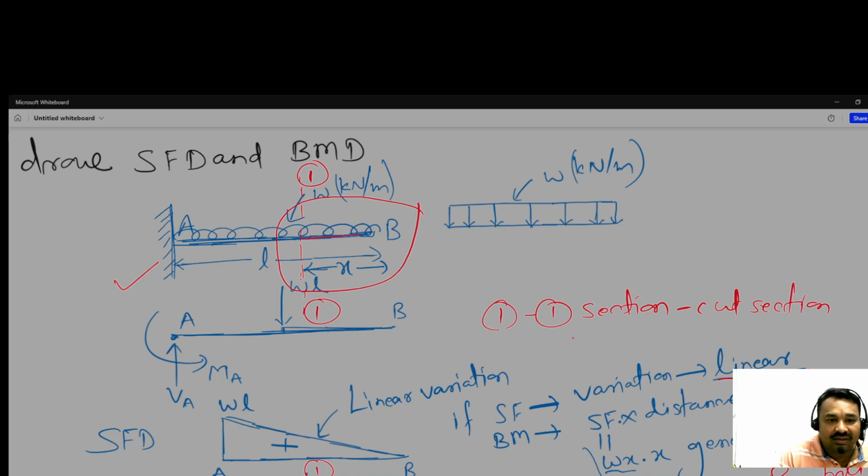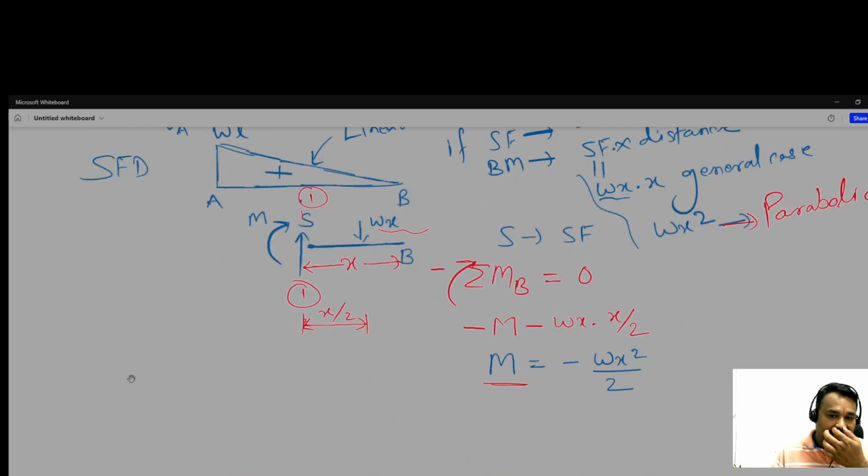Why not the other one? Because there are reactions there: the horizontal reaction is 0, but two reactions are there, so it will take more time and more calculations. Here at the free end there is no reaction. So that's why we are choosing the right side portion. Okay, so what will be now?